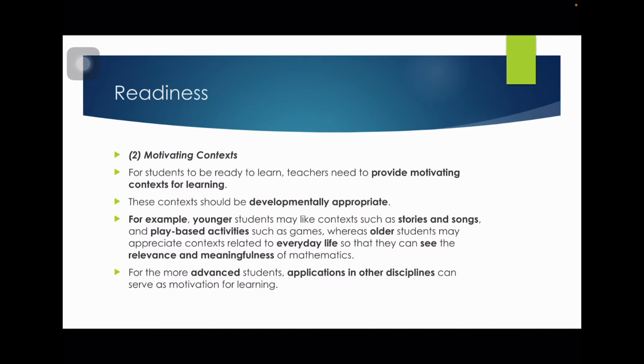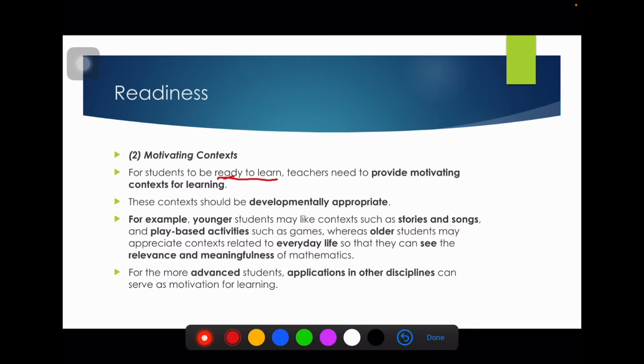Now, the second part of readiness is motivating context. For students to get ready to learn, the teachers need to provide motivating context for learning. Now, this one should be developmentally appropriate. What do we mean by motivating context? Let's look at the example here.